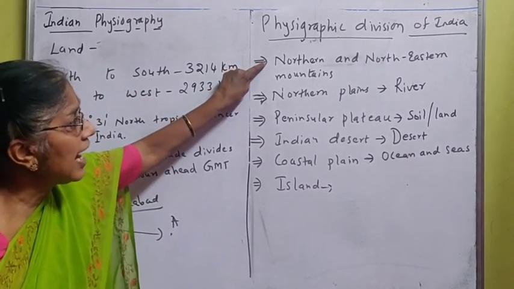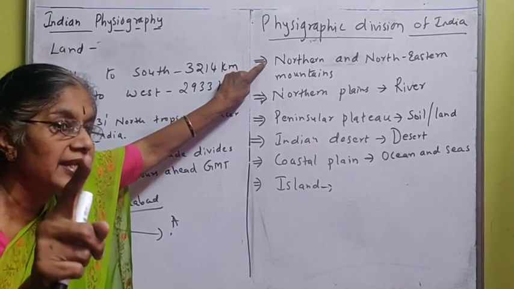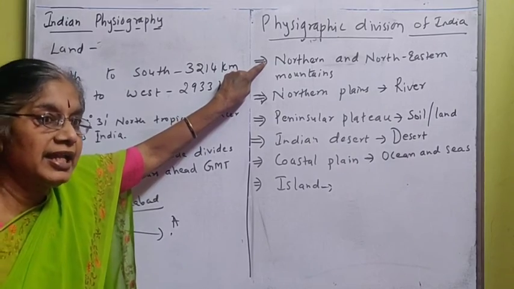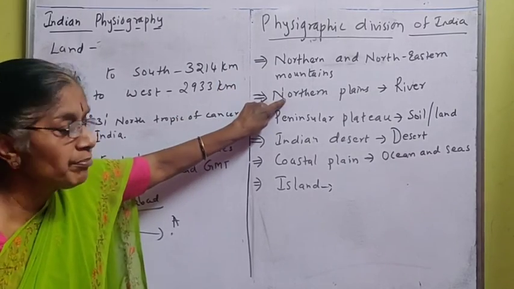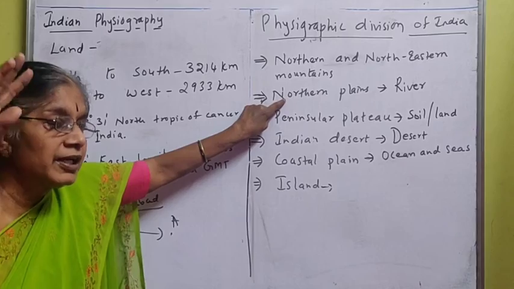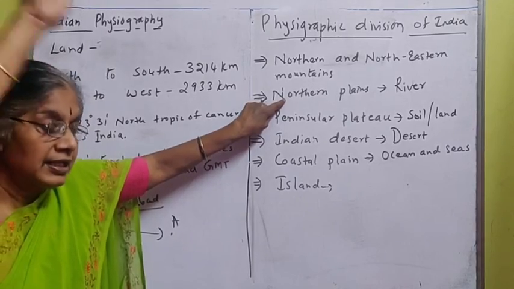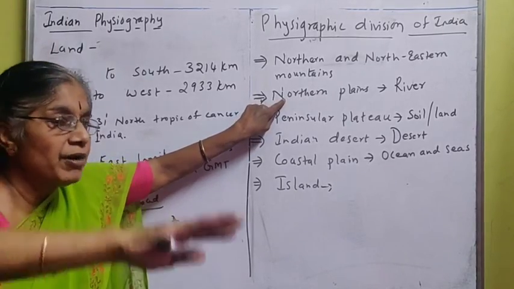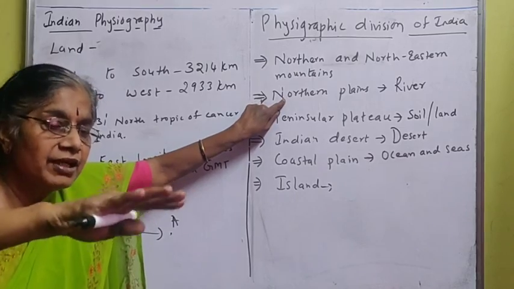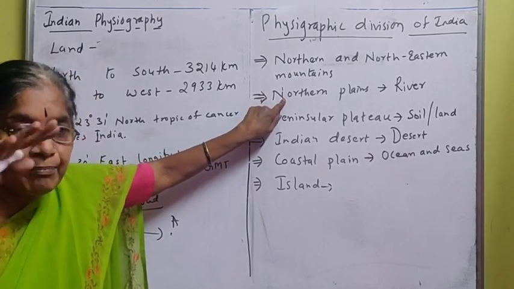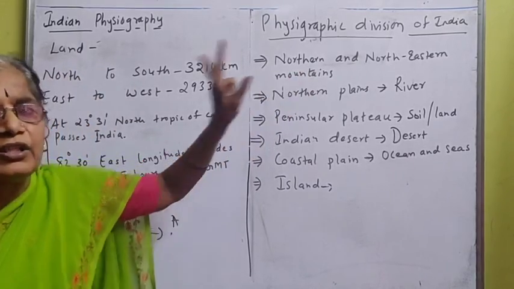So northern and northeastern mountains, that is your Himalayan mountains. Northern plains, covered by the Ganga river, Brahmaputra river, Indus river, all these rivers creating a plain, and that plain is the northern plains.